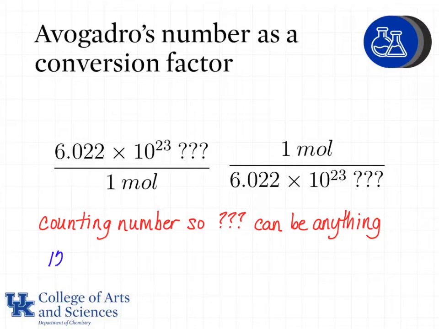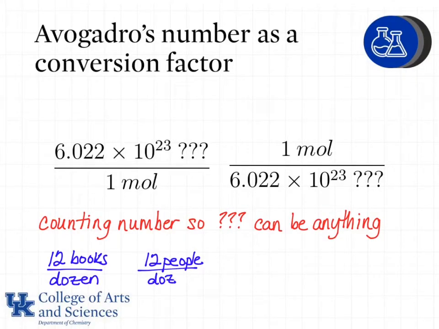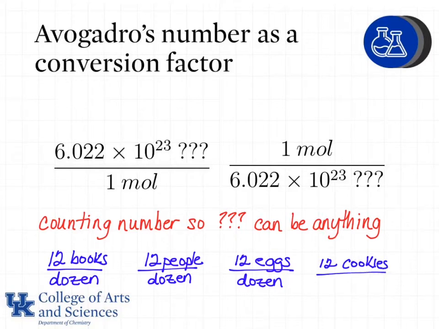Remember that if we have 12 books, we can call that a dozen, so we could say 12 books per dozen. We could say 12 people per dozen, 12 eggs per dozen, or 12 cookies per dozen. It doesn't matter what the thing is, the term 1 dozen always means 12 of whatever that is.